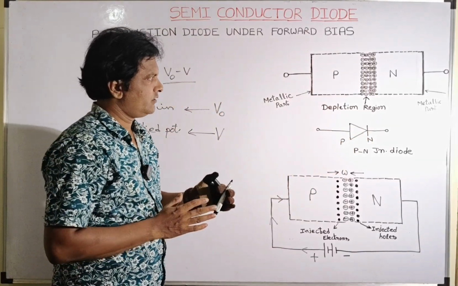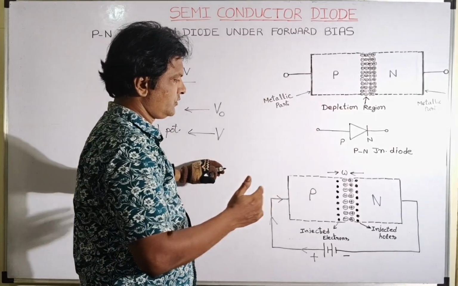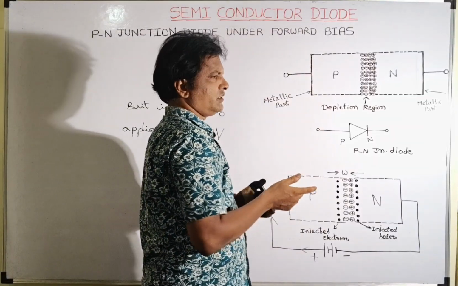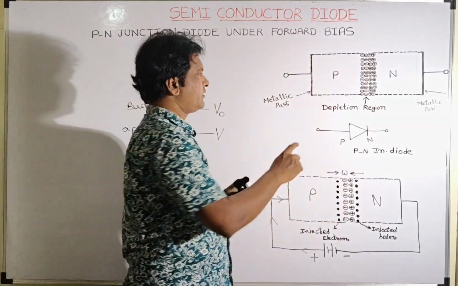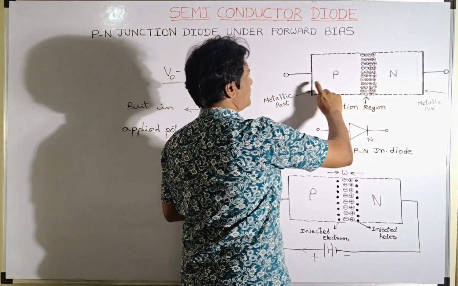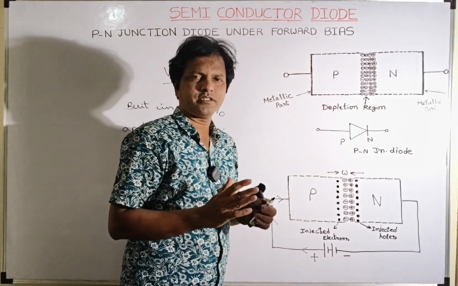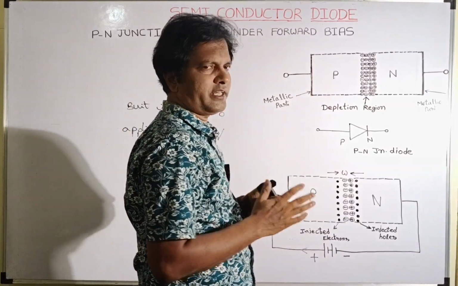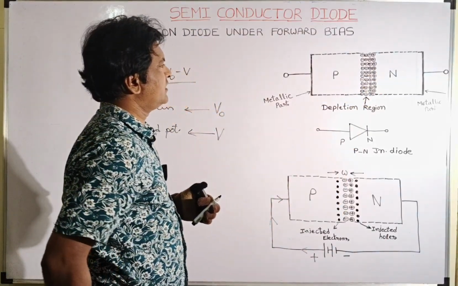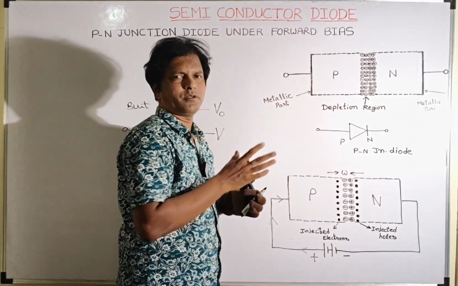So all in all, the current flowing through the junction diode is a combination of hole movement towards the N region and electron movement towards the P region because of the concentration difference, that is because of the gradient of the concentration of holes and electrons. This gradient makes the movement possible.